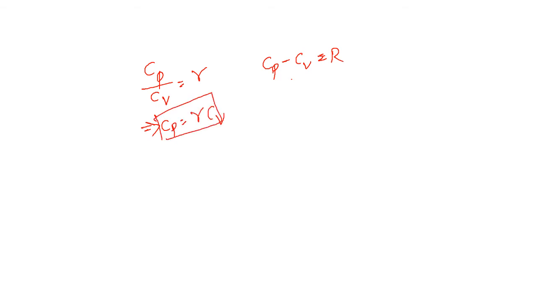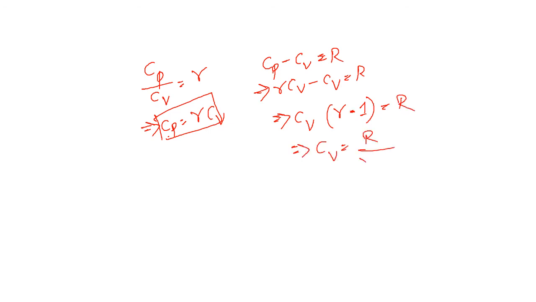Cp by Cv equal to gamma, and Cp minus Cv equal to R, the characteristic gas constant. This means Cp equal to gamma Cv. Put this value here: gamma Cv minus Cv equal to R. Take Cv common, gamma minus 1 equals R, or Cv equal to R by gamma minus 1.